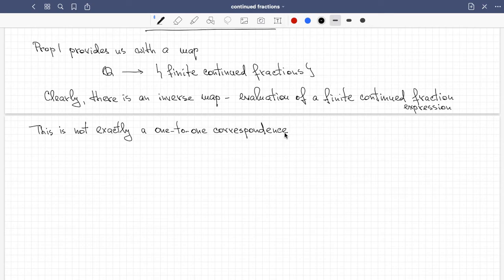Here is the reason. The number a half can be evaluated out of two different expressions, 0 semicolon 2 and same thing, 0 semicolon 1, 1.